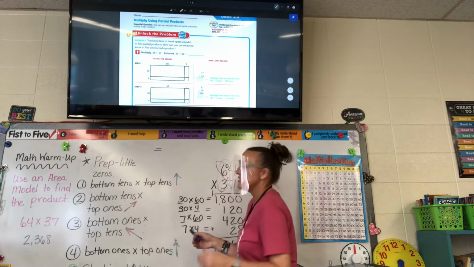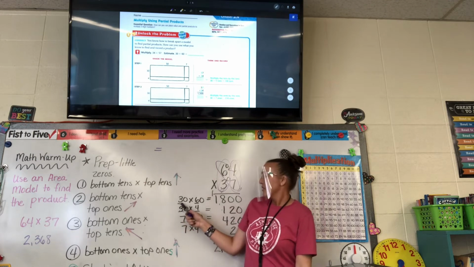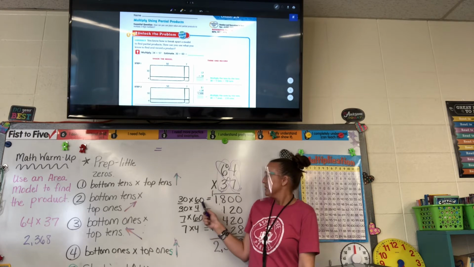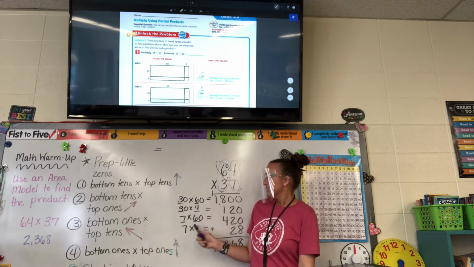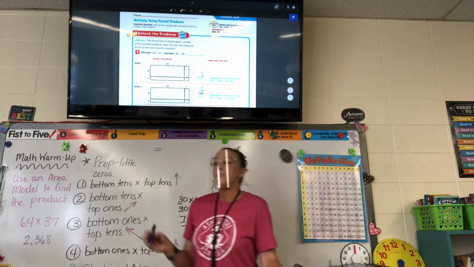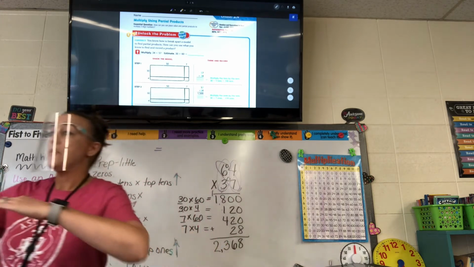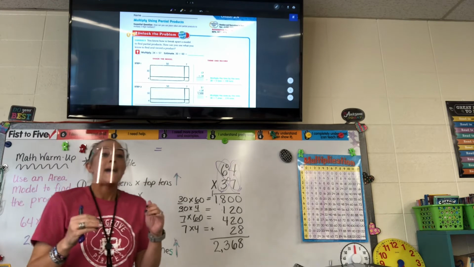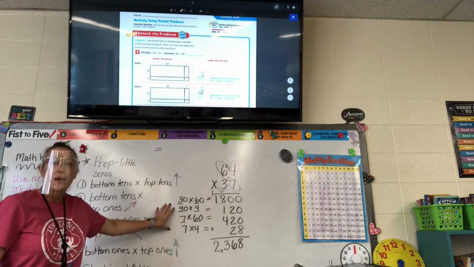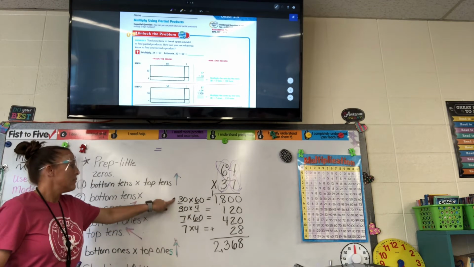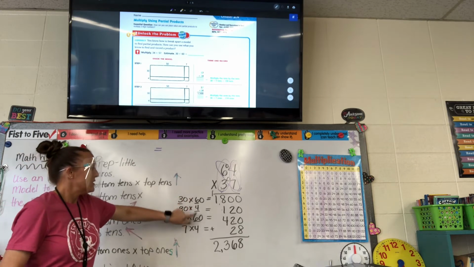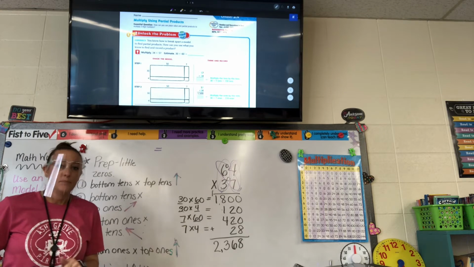And if you notice this too, guys, look. 30, 30, 7, 7. 64, 64. If you always start on the bottom, then you will have that same pattern every time. You'll have the same number here and here, and then these will alternate as the same number, okay?